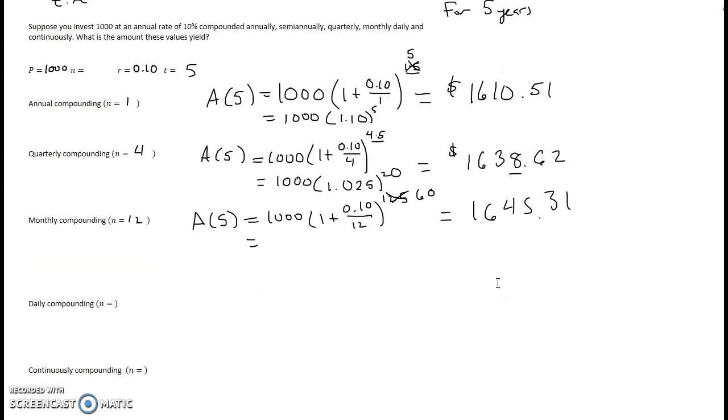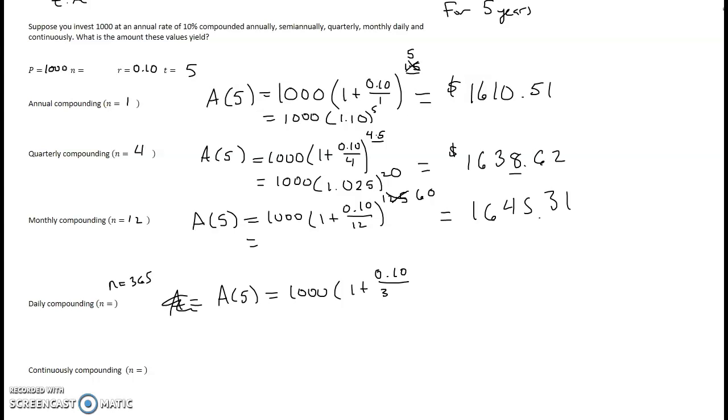All right, working on this, we're going to compound this daily. So if I compound this daily, n here is going to be 365. So we still have 5 years, right? It's going to be 1,000 times 1 plus 0.10, our 10% interest rate.